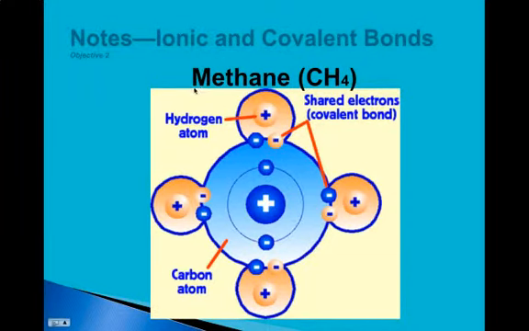Please also label that this is methane and put the chemical formula right there, the CH4. Also label where each of the shared electrons are, and make note that that is a covalent bond. Once you finish drawing all of that, then you can come back to the video.